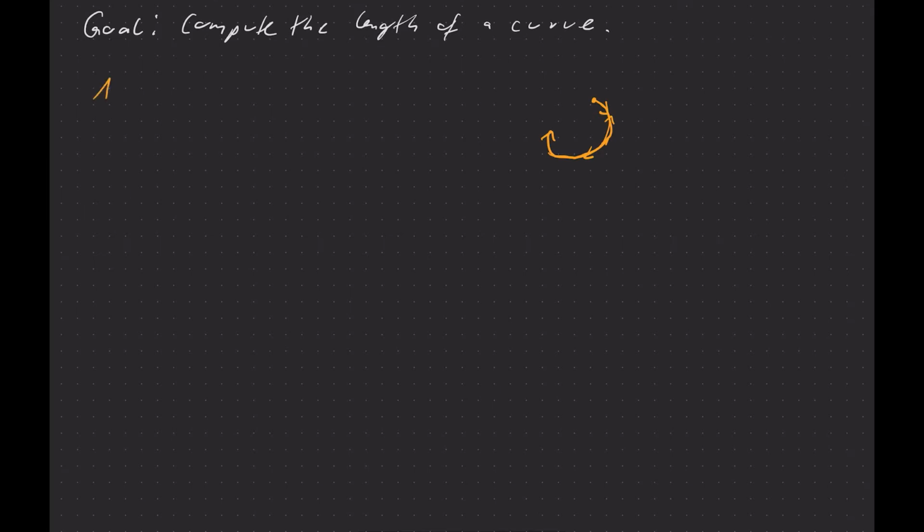Okay, so in the following, we'll assume that for a curve gamma, the derivative is nowhere zero. So gamma is defined on an interval I, maps to R to the n.